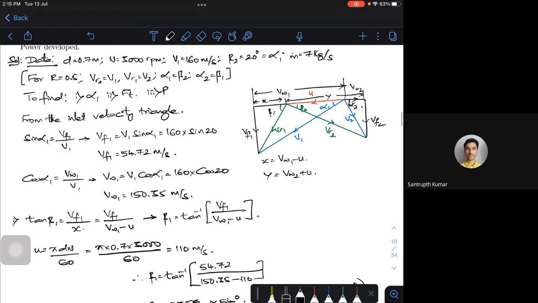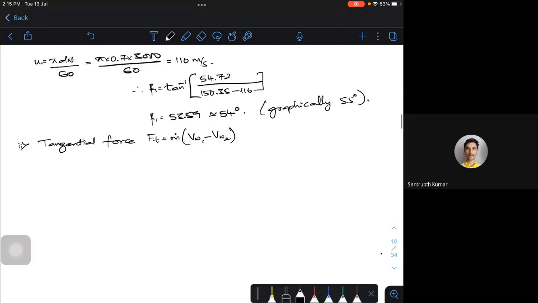But here see VW1 is in this direction and VW2 is in this direction, so it is in the negative direction, so this will become minus of minus. So this will be m dot into VW1 minus of minus VW2, so this will be m dot into VW1 plus VW2. This is my tangential force, but I have found VW1, but I don't know the value of VW2.